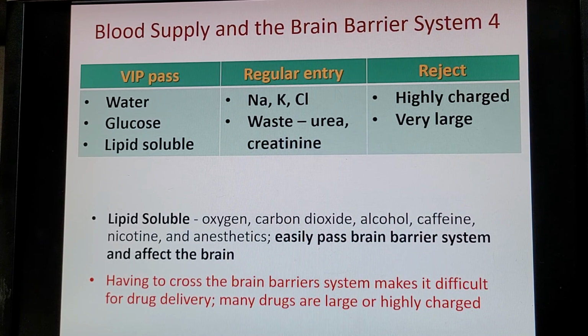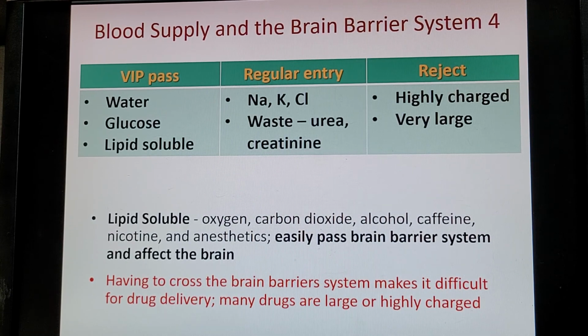Going back to our phospholipid bilayer, because of that type of molecule, it would be hydrophilic. It likes water over something that's lipid, so it would have a hard time passing through that plasma membrane. Also, anything that's very large wouldn't be able to leak past the gaps that you do have, in some of your capillaries that aren't covered by perivascular feet. You can have a little gap space, but if it's too big, then it's not going to get across.